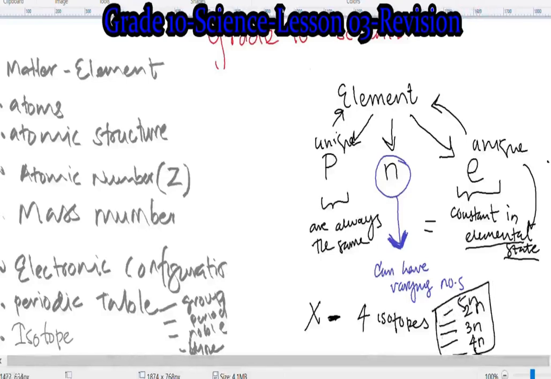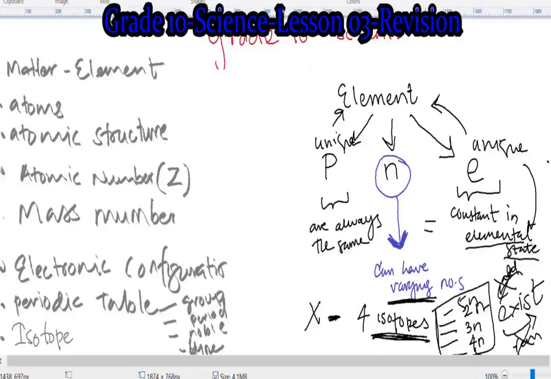Then this is the only thing that can exist. Just because they have varying numbers of neutrons, it doesn't mean they can change the number of electrons. It doesn't mean they can add or remove. They can't do that. If it is 2 neutrons, then it is only 2 neutrons. Okay? So that is known as isotopes.